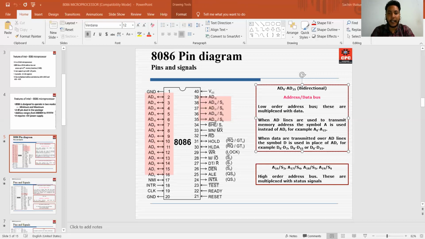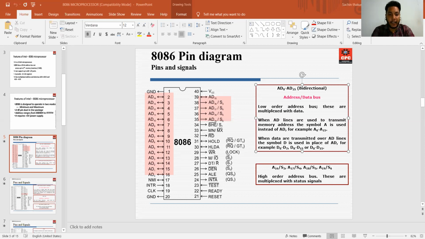This is a multiplexed address and data bus. The address and data bus lines are multiplexed and contain the rightmost 8 bits of the memory address or the data. The address and the data bits are separated by using the ALE signal. ALE means address latch enable signal.